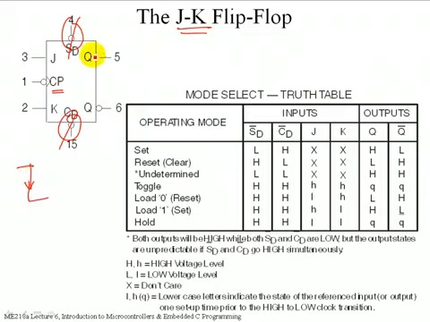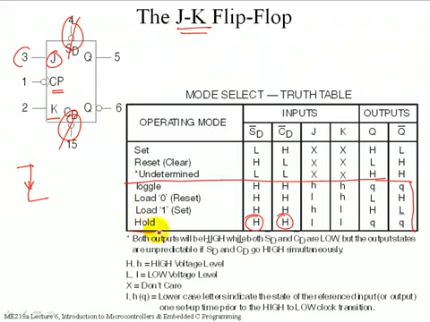That is what's going to trigger a transition. And the transition in the Q, and here I got it labeled right, 2 Qs with a bubble, the Q and the Q bar output is going to be a function of what's going on at the J and the K. So to do that, let's focus on this part of the table. So let's start by saying, okay, we've got the J and the K in the high state.